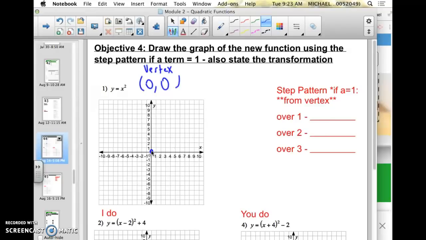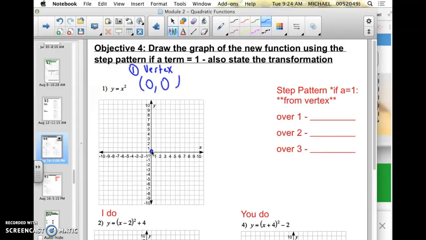So we've determined that the vertex is 0, 0, and that's going to be the first step of all of this process from now on. You always base these graphs off of their vertex, and then when you state the transformation, you compare the new vertex to the vertex of the parent function, and that'll help you see how it's moved about the x and y axis.